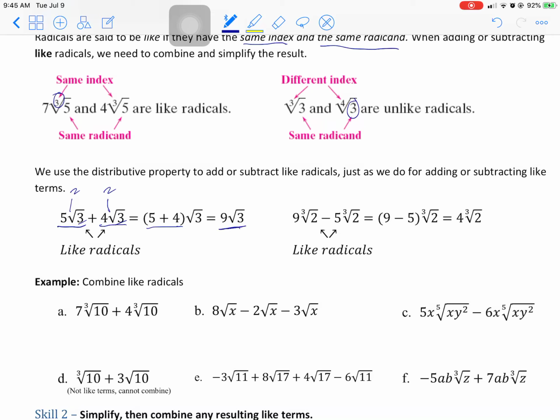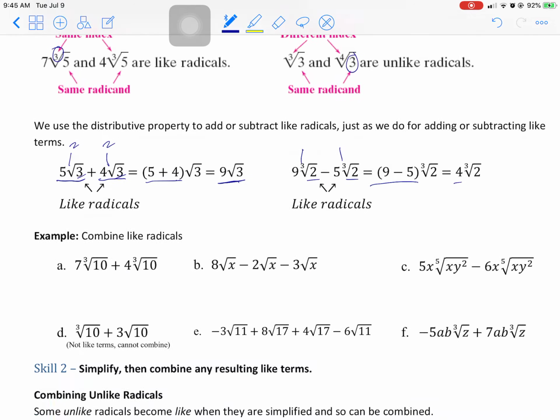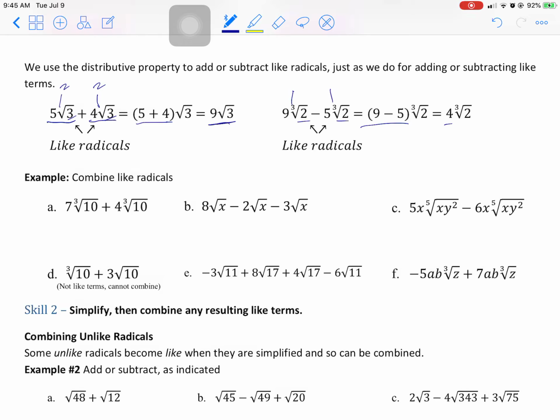Same index, same radicand, so I can add those together and get 9 square root of 3. That's all there is to those. Same for the next one: 7 plus 4 is 11. Put the rest of the answer down.